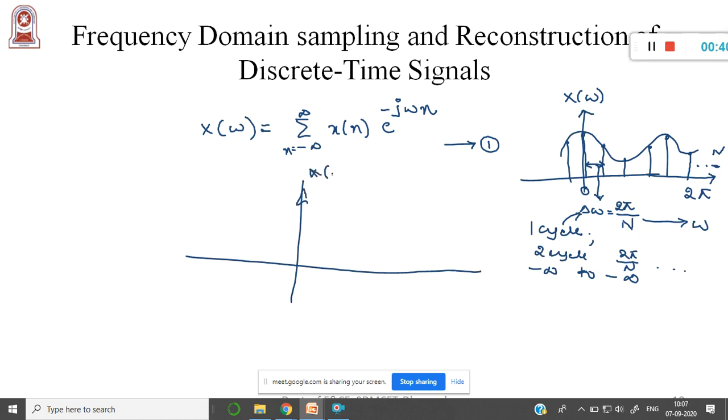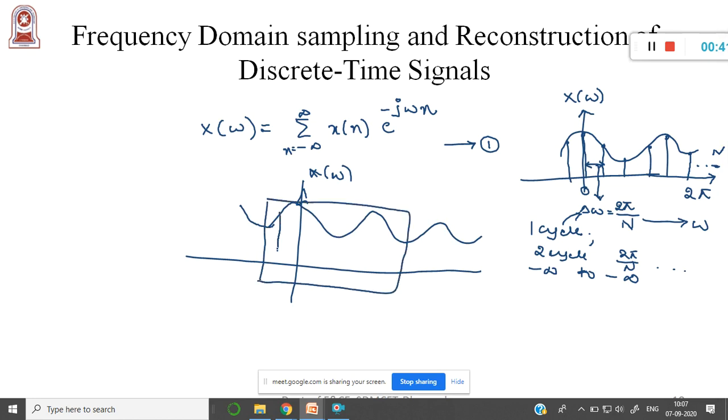So x of omega is running from minus infinity to plus infinity. Upon this I consider only a single cycle. In this single cycle I am sampling from 0 to 2 pi, and each sample size is 2 pi by n, because there are n number of samples in one cycle.